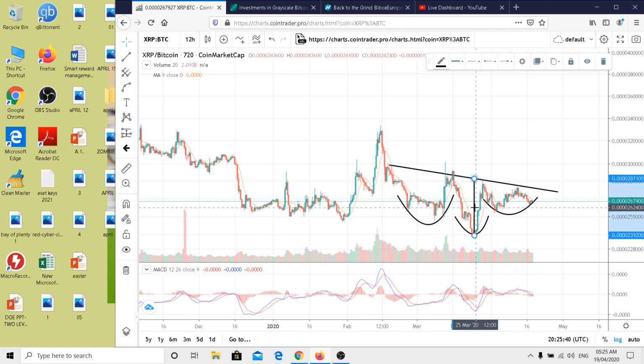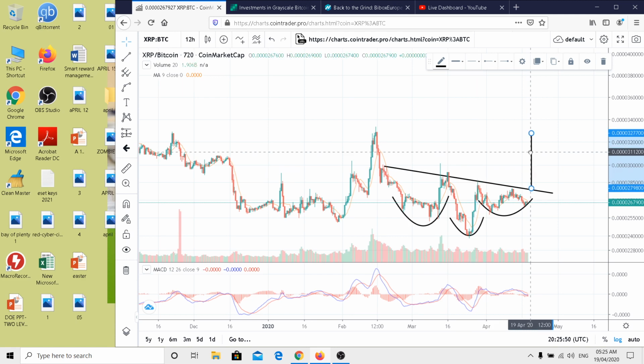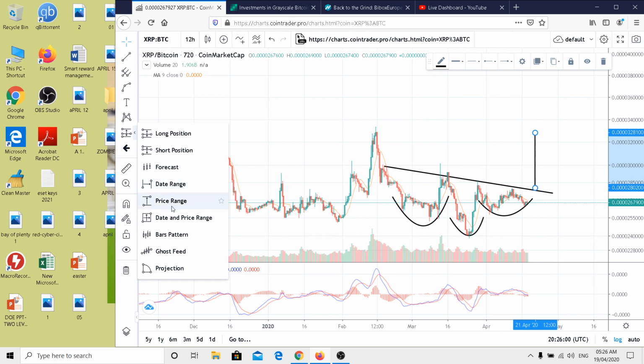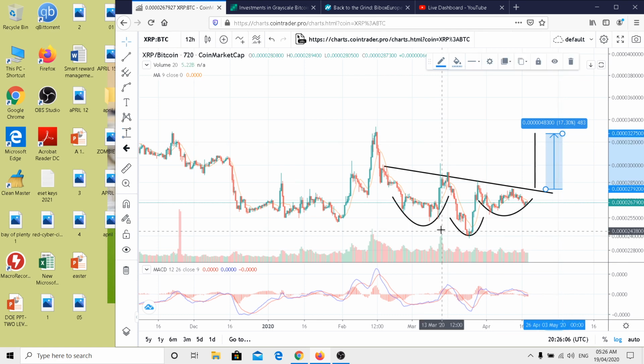If we break to the upside, somewhere from here, then it should be at least a movement till here. That would take us upside by around 17 to 18 percent.